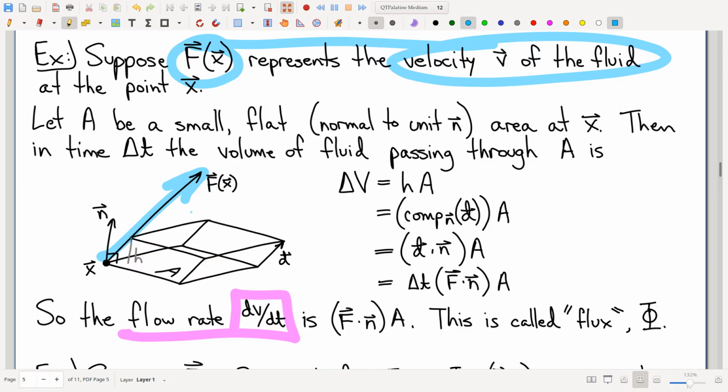Pick your favorite units. That's what we want to relate here, and so the idea is, if we have some sort of an area, some sort of a small flat surface here. By the way, how it sits in space is going to matter. If the fluid is flowing that way, coming at you, and I orient the area like this, then there's going to be a significant amount of volume of fluid passing through.